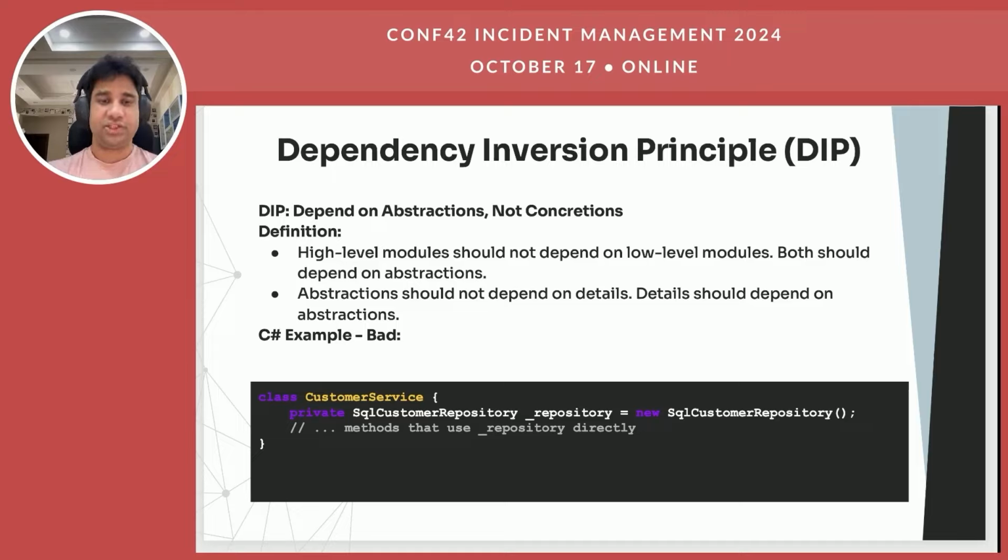You will have to come and change inside the customer service. And if you do that, the chance of a bug getting introduced, because there was a bug in the newer implementation, which breaks down the customer service, is high. How can we ensure that we do not depend on the concrete implementation of SQL customer repository inside the customer service? Let's look at the example.